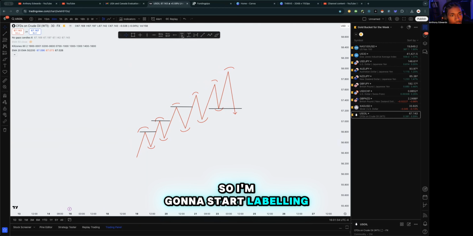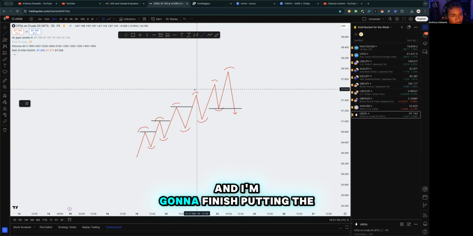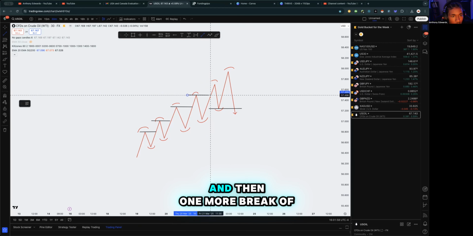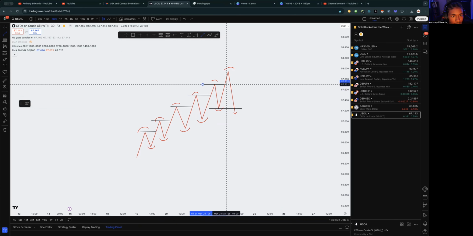So I'm going to start labeling this now, and finish putting the breaker structure and then one more break of the structure.